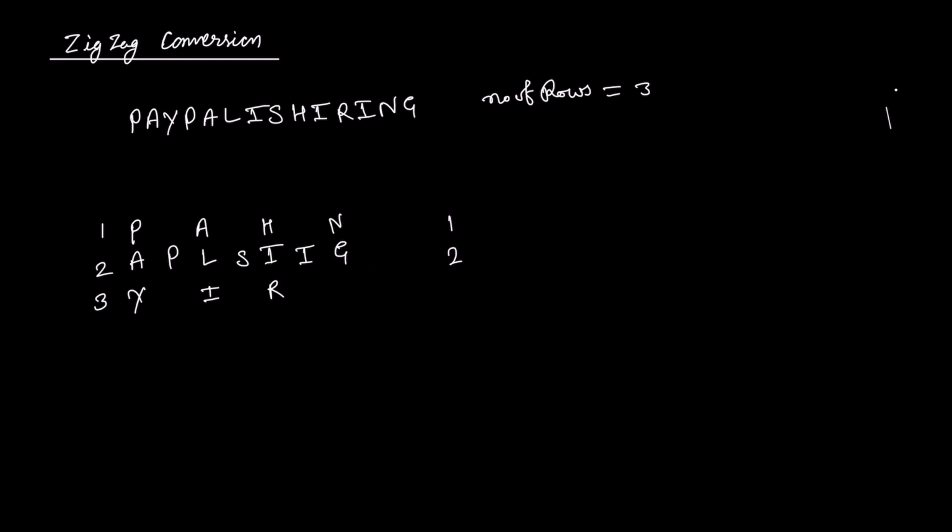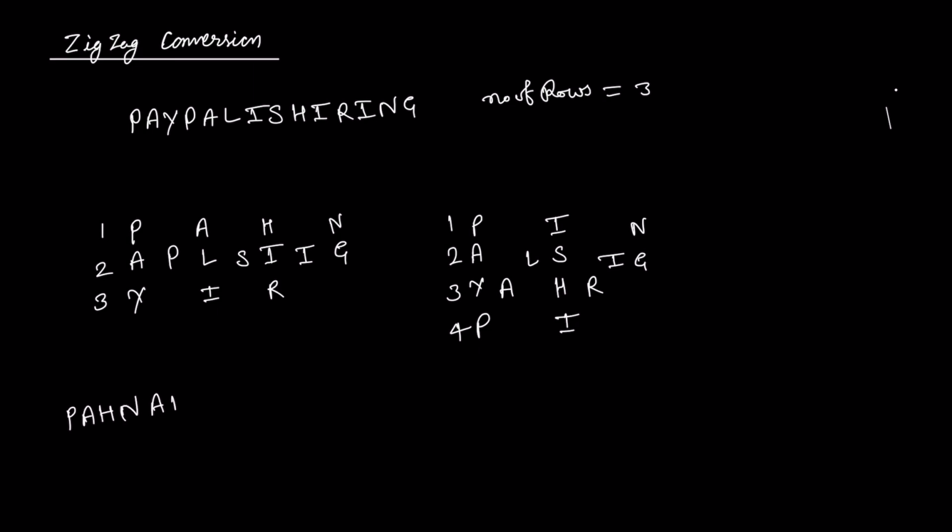And if this is 4, rows 1, 2, 3, 4: P A Y P A L I S H I R I N G. So here the output is: first row PAHN, second row APLSIIG, and third row YIR.